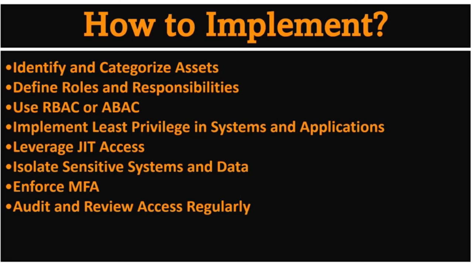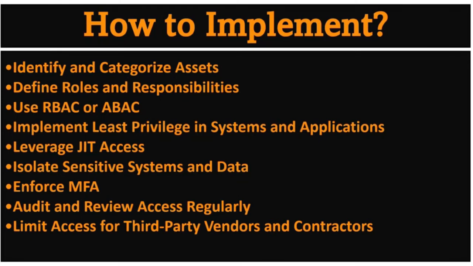Remove outdated or unnecessary access to maintain strict adherence to least privilege. Next is that you need to make sure that you provide external parties with scoped, time-bound access based on specific project needs. Don't give them any extra access. And also revoke access immediately after contract completion or project closure.